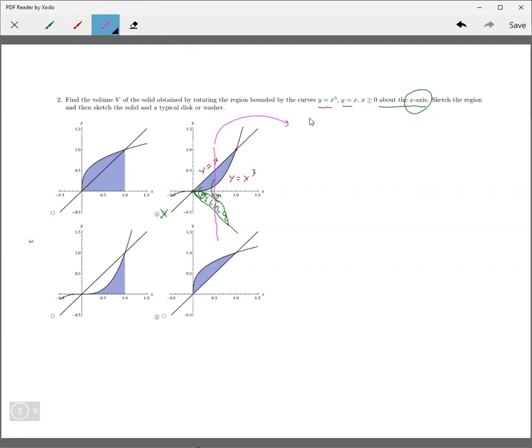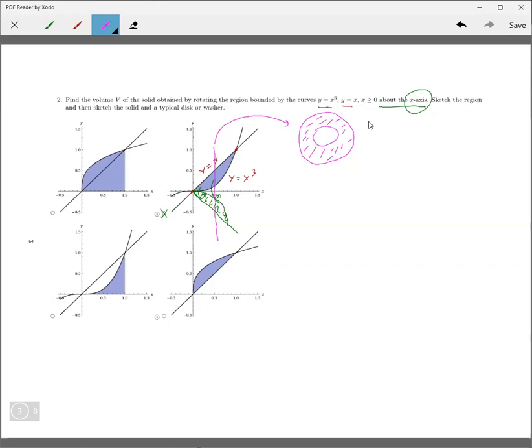When you cut it that way, what you're going to get is a washer, because the middle part is empty. It looks like a donut. Tasty, tasty math. So you cut it this way, you take a slice that way, you get a washer.